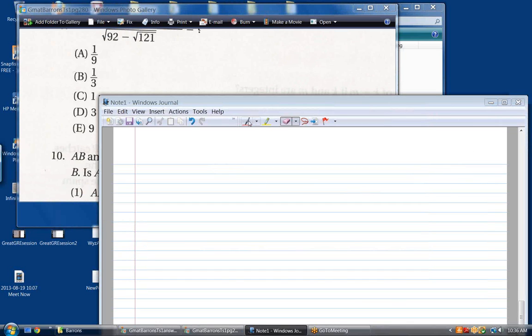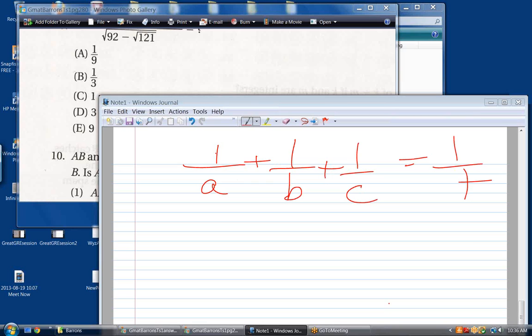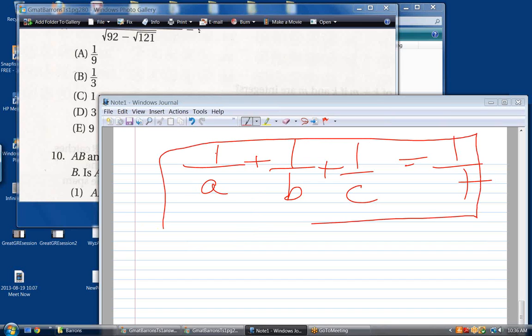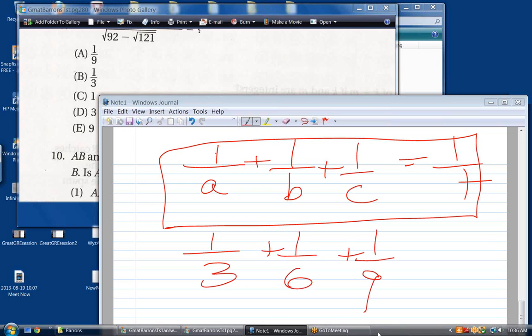I understand. Notice that 1 over A plus 1 over B plus 1 over C equals 1 over T. When I went to figure out how long it took all three of them working together, this is what I used. 1 over 3 plus 1 over 6 plus 1 over 9 equals 1 over T. So T ended up being whatever.